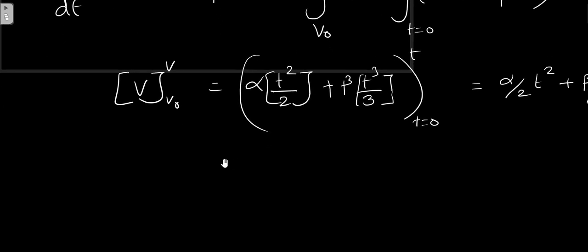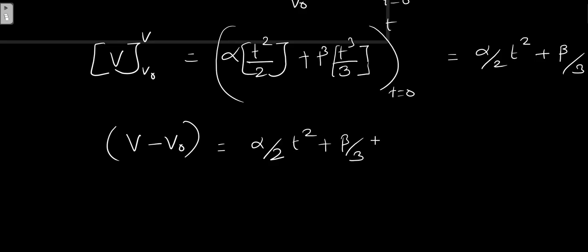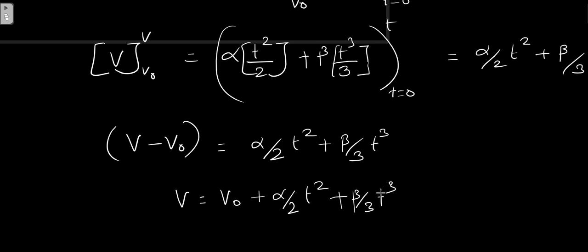So here v minus v0 equals alpha by 2 t square plus beta by 3 t cube. This is the formula, and the final velocity v equals v0 plus alpha by 2 t square plus beta by 3 t cube.